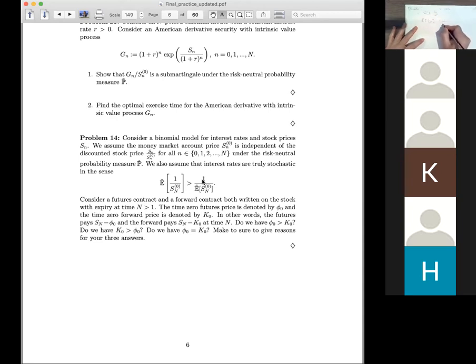So let me write that out. Then what we denote by phi 0 is the futures, and we denote by K0 the forward.